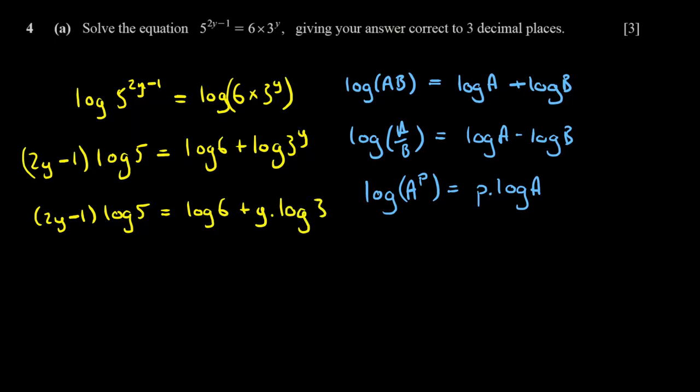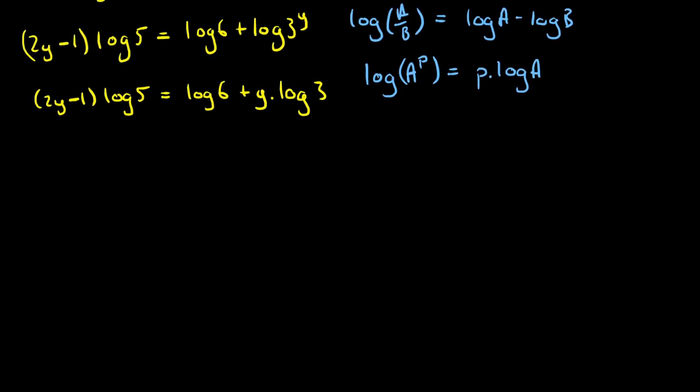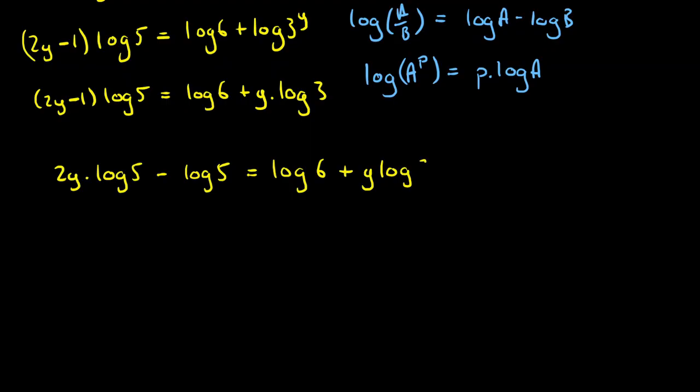Now what I want to do here is bring all of the terms with y onto one side. So I'm going to expand the left-hand side. That gives me 2y times log 5 minus log 5 is equal to log 6 plus y log 3.